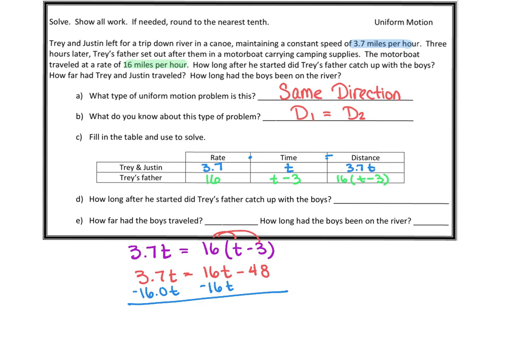You are using calculators to make sure you put your decimals in correctly. 3.7 minus my 16 is going to be negative 12.3. And don't forget to bring this negative down with the 48, negative 48. Then my final step here is to divide by the negative 12.3.